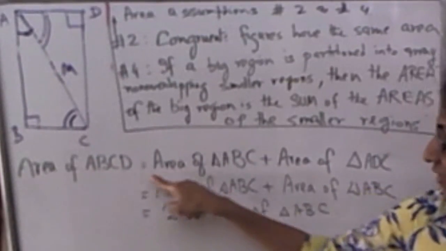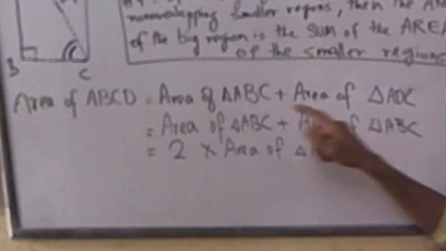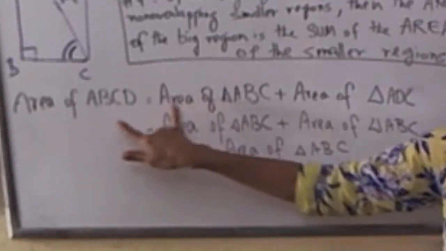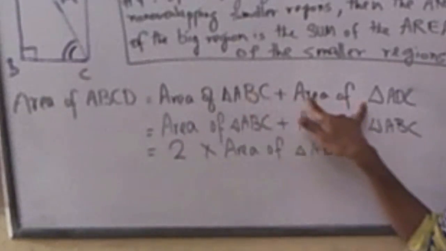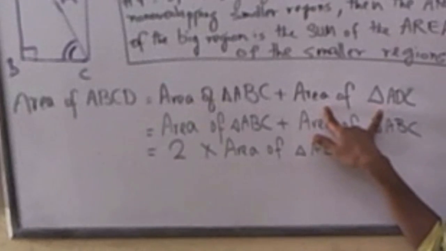So we can write this first statement using assumption number 4. This is a number, and that number is equal to the sum of these two numbers. Area of triangle ABC is a number, area of triangle ADC is also a number.